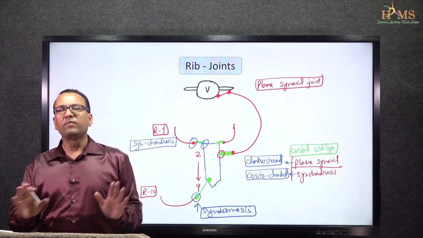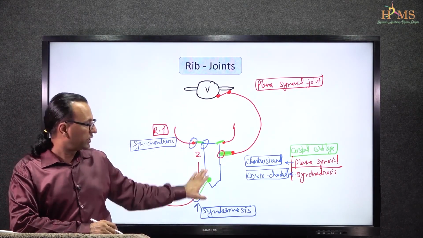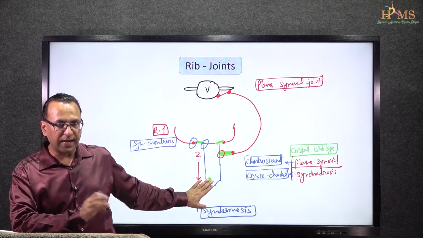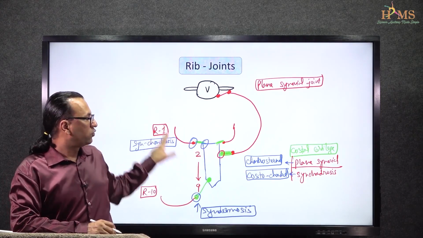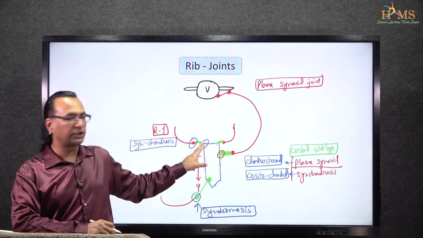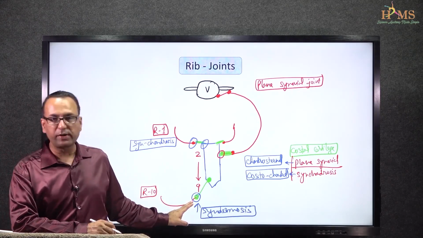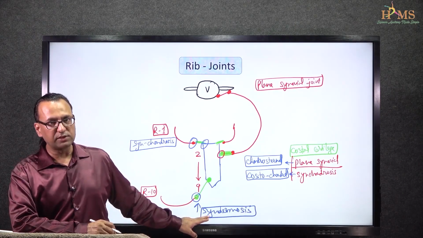Yes, simply remember that all the ribs which attach to the sternum or the costal margin have synovial joints, except the first and the 10th rib, because the first rib does not have a synovial joint here, and it is a synchondrosis. And similarly, the 10th rib does not have a synovial joint here. Then what is it? It is a syndesmosis.